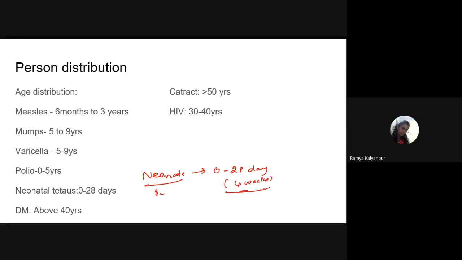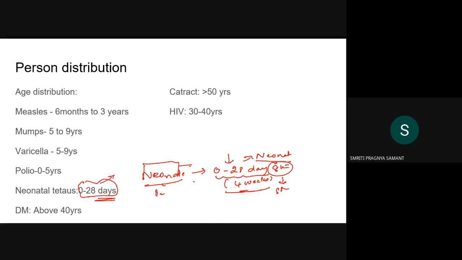They are called neonates. In neonates, the chances of getting tetanus are very high, and we call it neonatal tetanus, or eighth day tetanus, because death can happen on the eighth day. It is most commonly seen in the 0 to 28 days period, because this period we define as neonate.